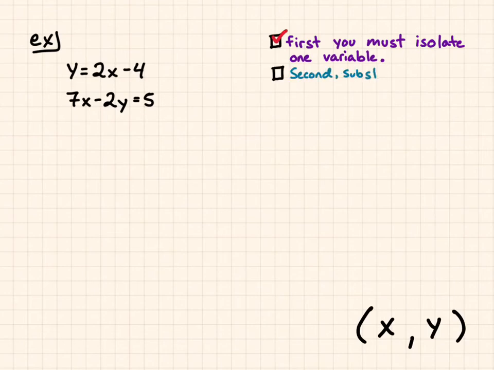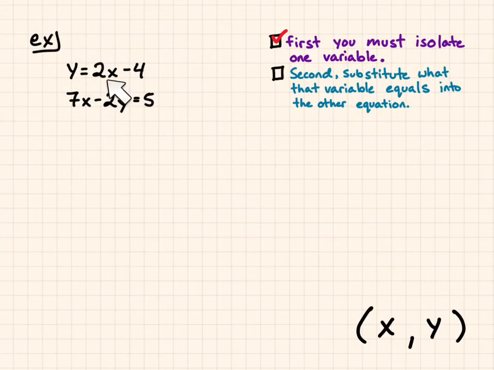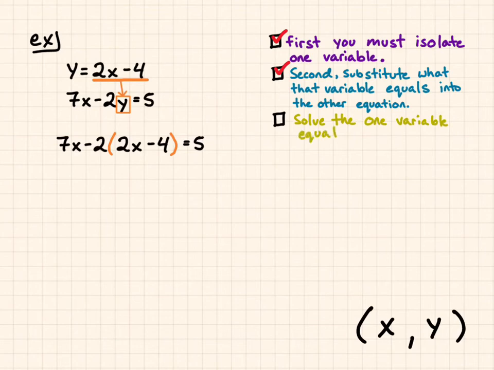Already done, I have y by itself. Second, I'm going to substitute that 2x minus 4 in for y. And then solve the one variable equation.